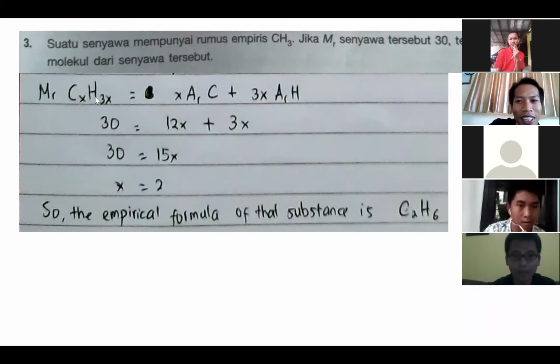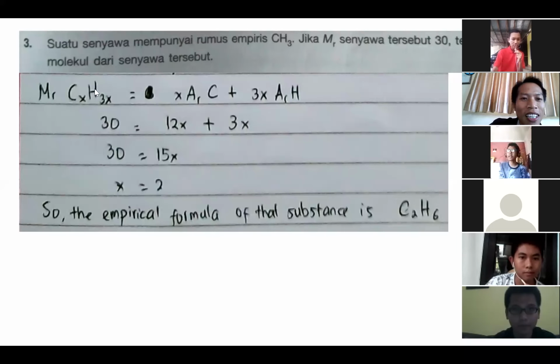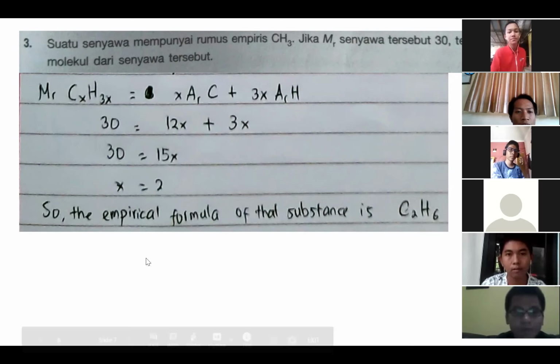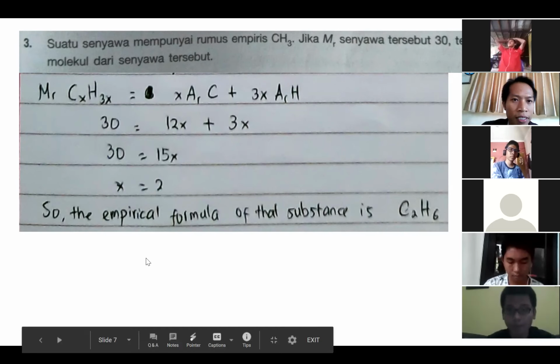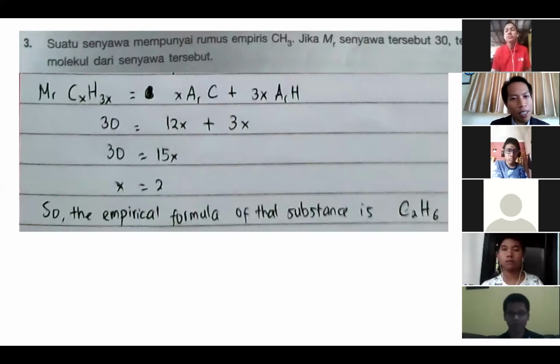C6H18. Yes, good. So this is what we did in our previous lesson. An example of a question that can come up in the exam is like this.